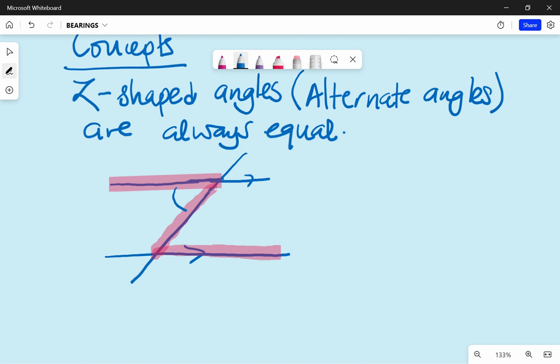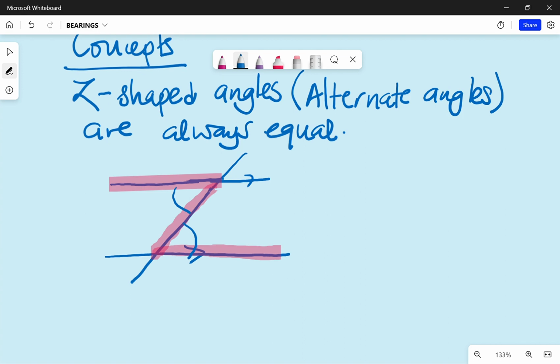So the angle here and the angle there, these are what we call alternate angles. Alternate angles, these are Z-shaped angles. Z-shaped angles are always equal. So this is an important characteristic for us to understand how to calculate the bearings.